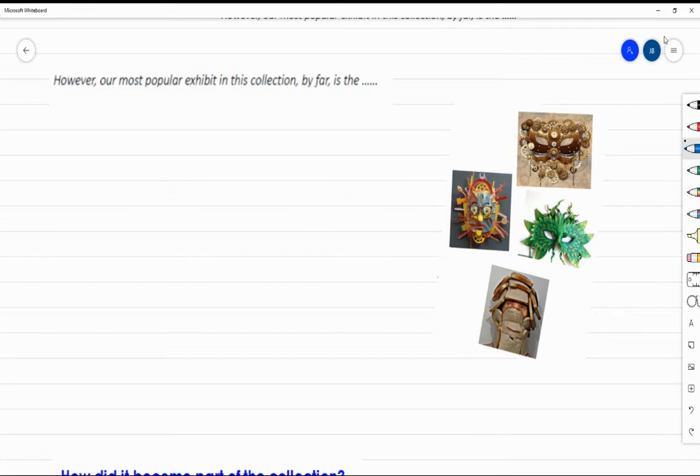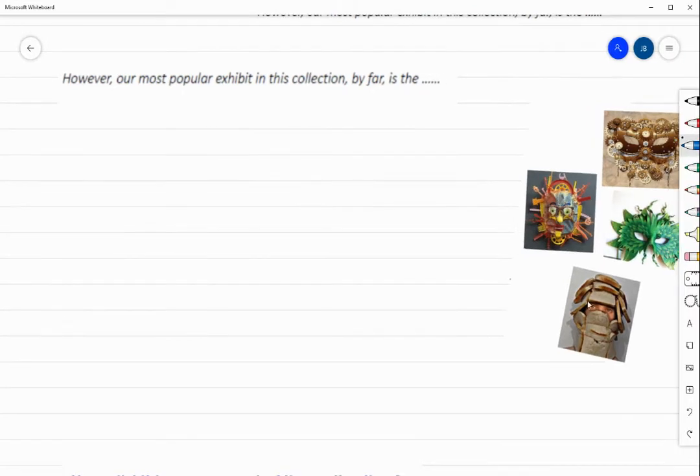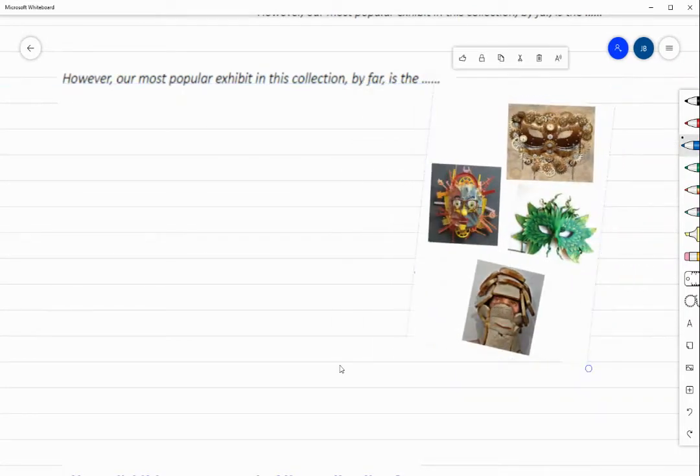So I have got 4 masks. I'm just going to bring them in a bit more. There we go. I've got 4 masks here, and I've got a mechanical clockwork mask. This one is an interesting one.